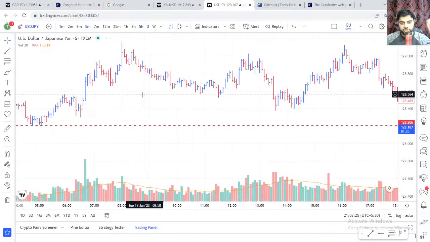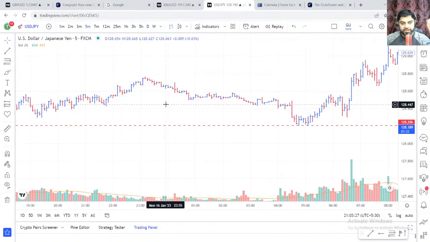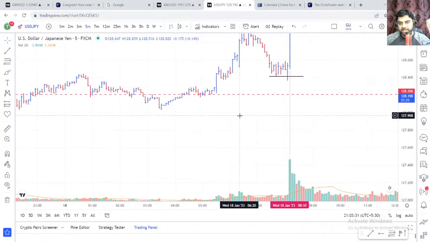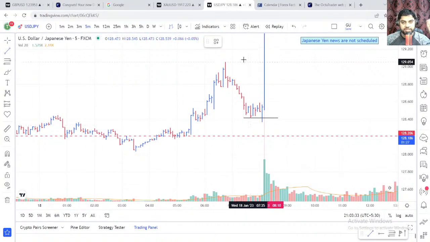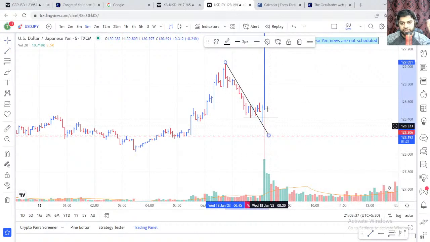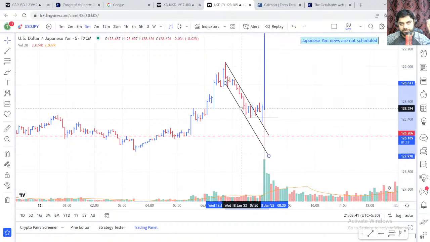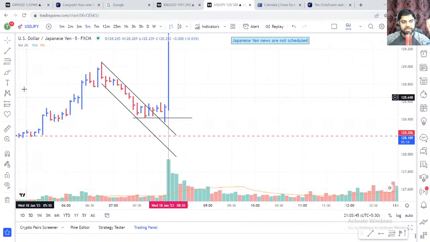All right. And the market reacted in such a way that you can also make a trend channel out of this. So let's make a trend channel over here, shall we? So this is how you will make a trend channel, and you put it down at this level, and then you put a slope line.